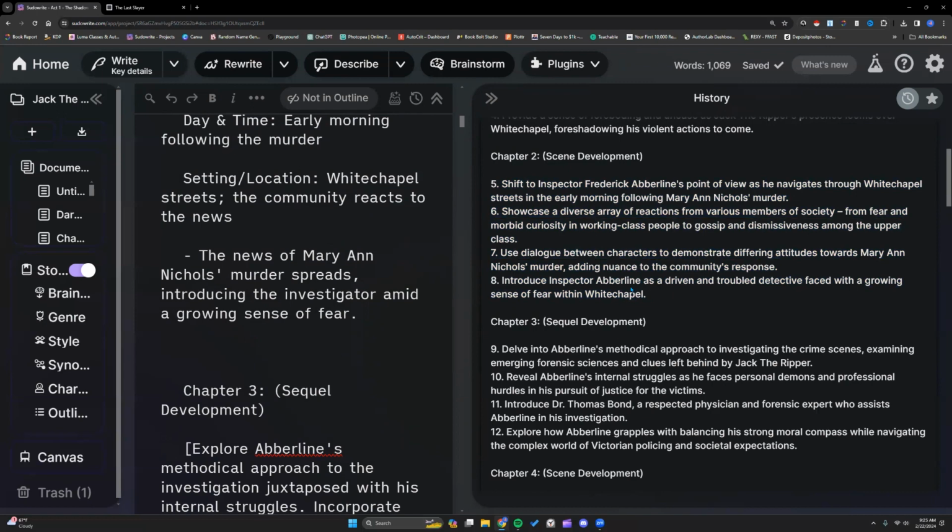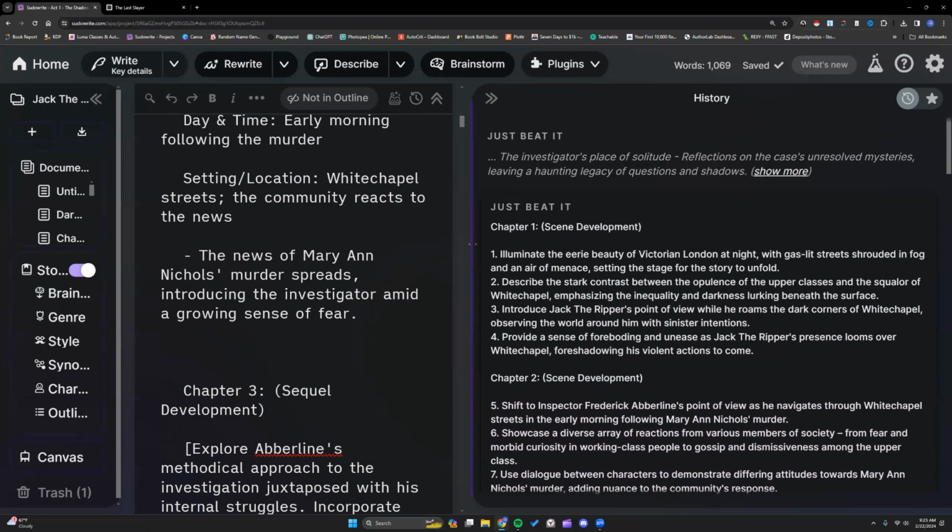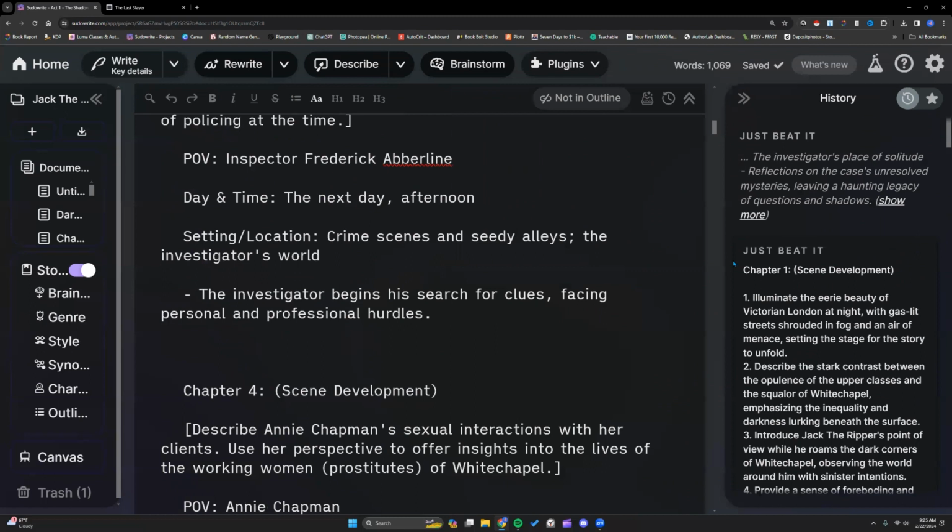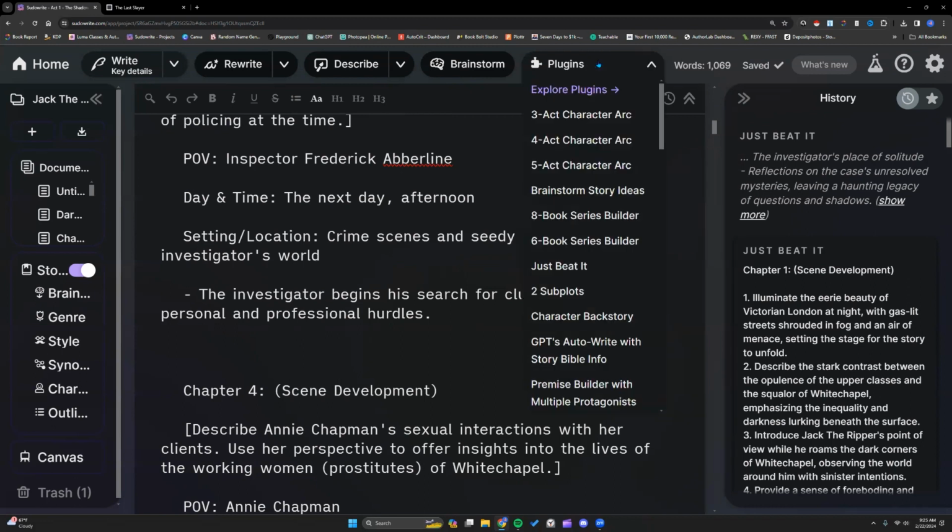I like this. This would be a good experiment for me to try one day to generate beats from this. Right, so that it was the Just Beat It.